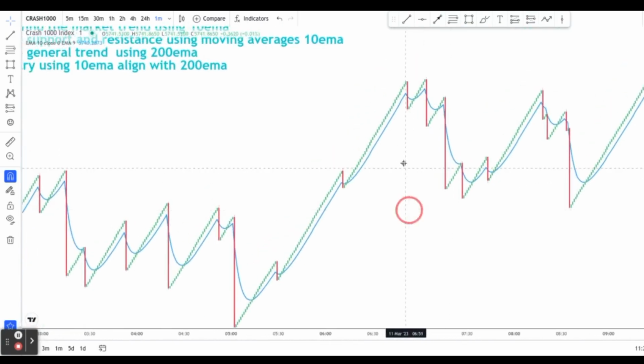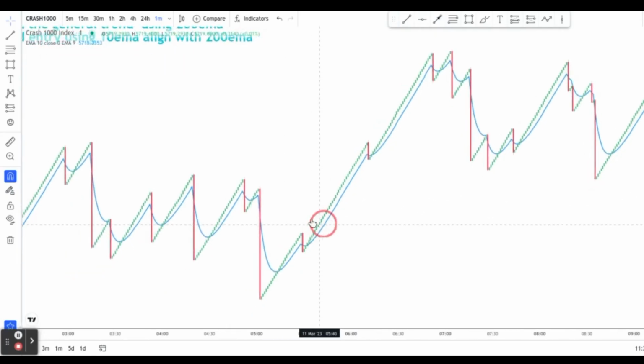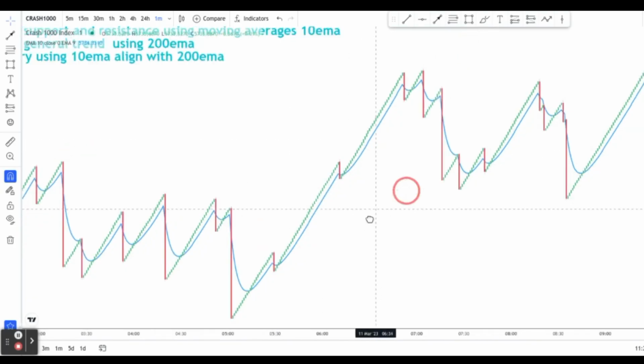When the candle is above the moving average, something like this, it means the moving average is working as a support level. That is supporting the market when the market is in uptrend.